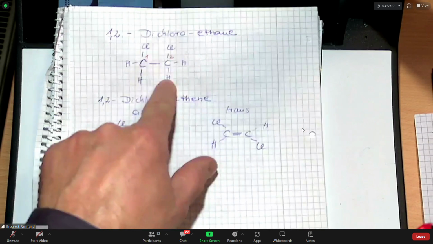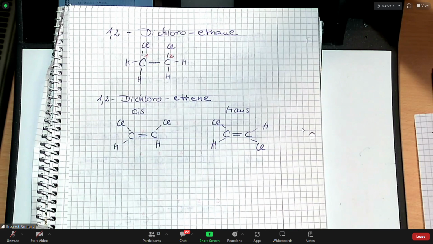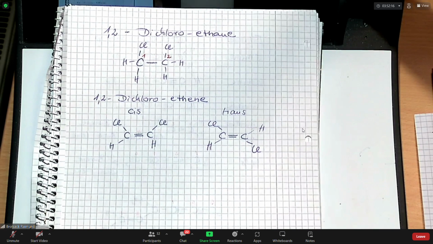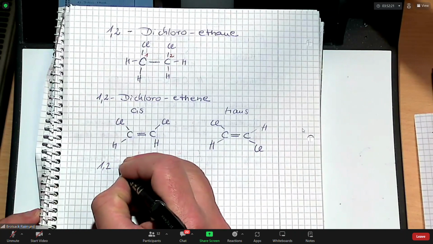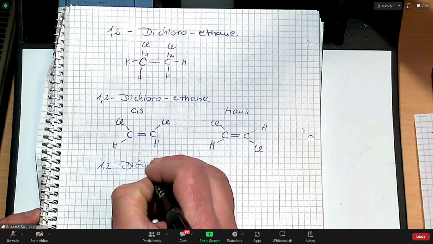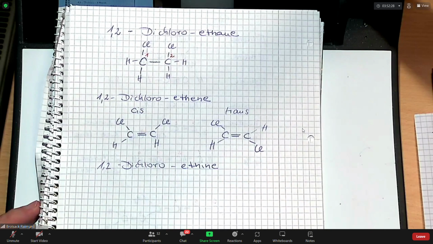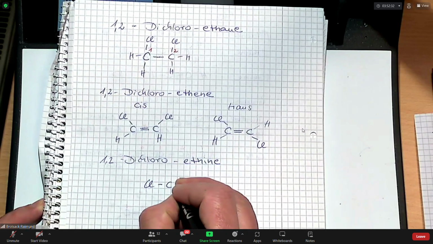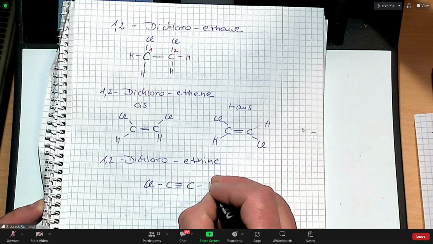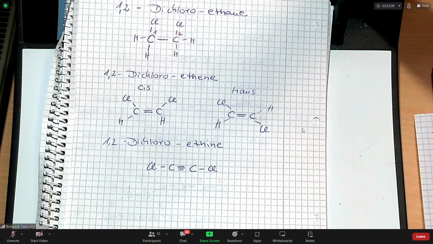Here we don't only have one, we have two. For the ethyne, of course, there is only one, because there is no other atom. We have a triple bond. It's linear. There is only one object.